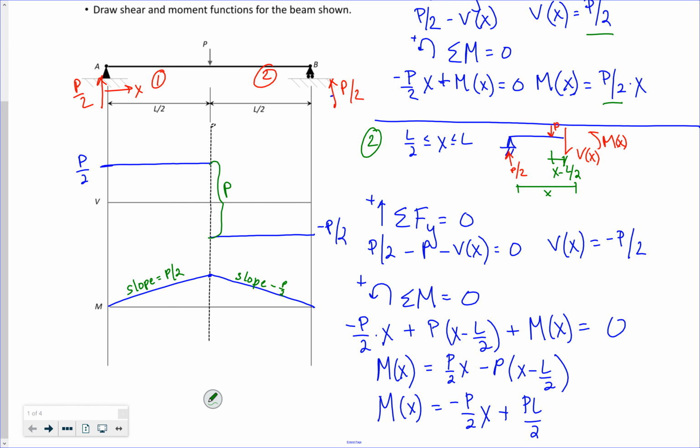It's P, right? So your change in shear is that, and it's also a discontinuity. We have a discontinuity because we have an applied concentrated force. Shear is constant because we don't have a distributed load.